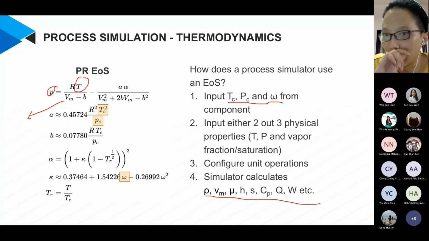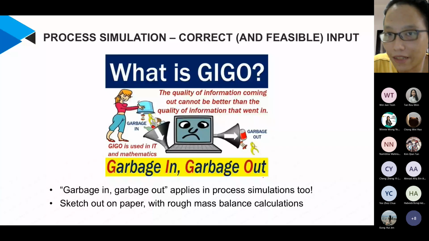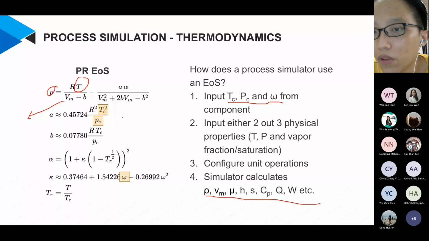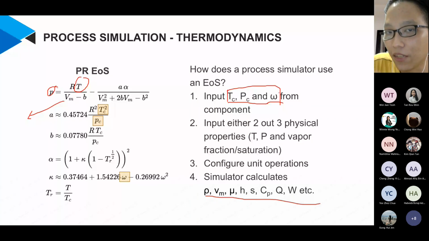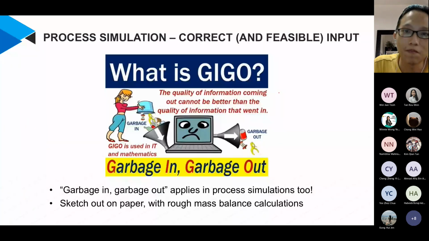But in order to ensure the simulator does the correct thing, I mentioned that we need some inputs. We need the component parameters: TC, critical temperature, PC, critical pressure, and omega, which is what we call the eccentric factor or acentric factor. You must ensure that these inputs are correct. Otherwise, you get the wrong answers.